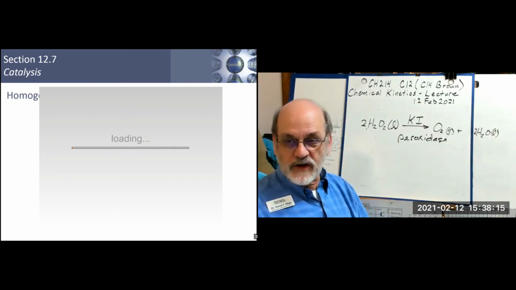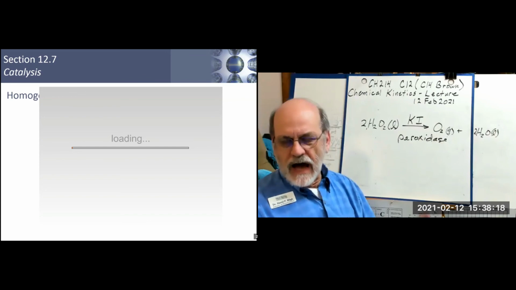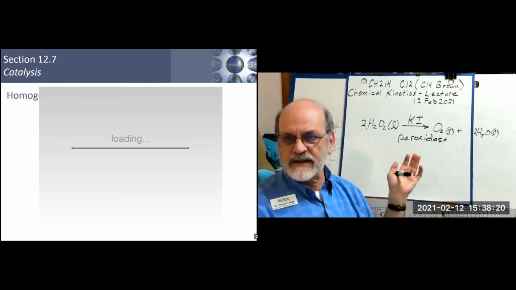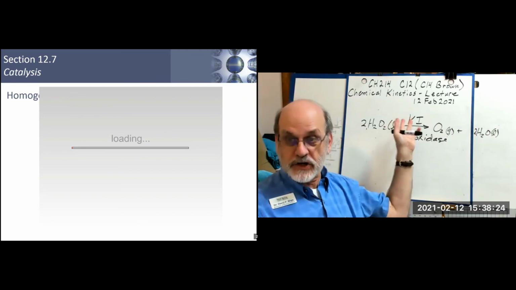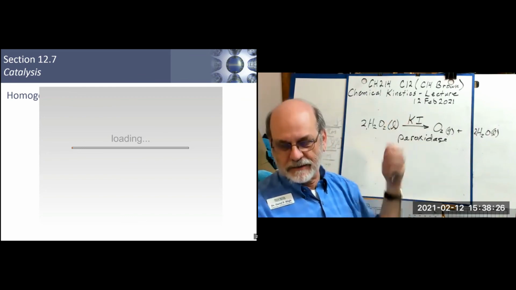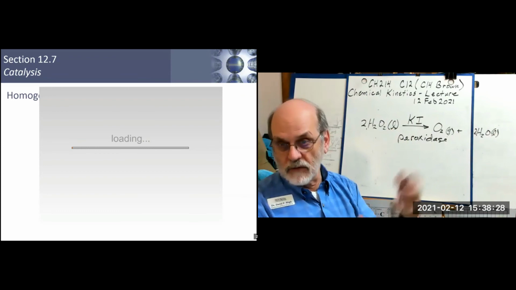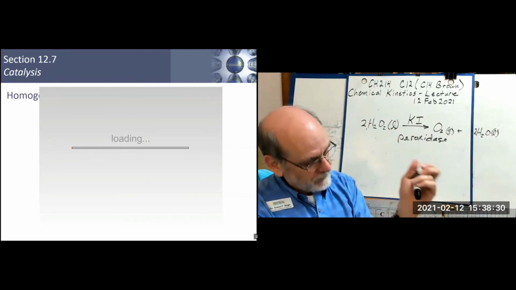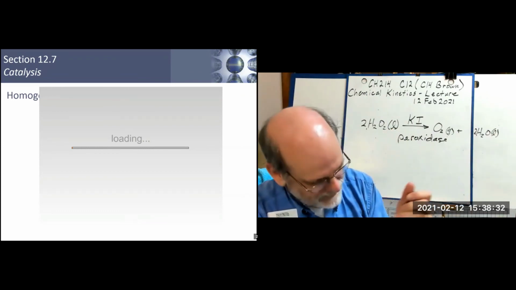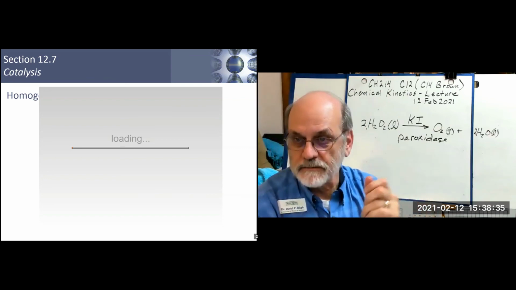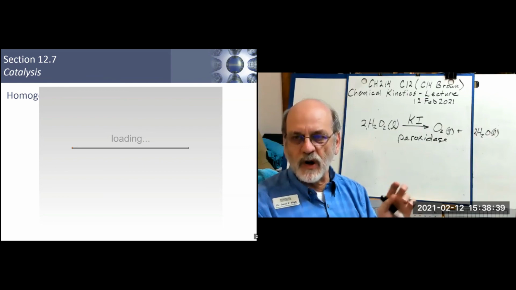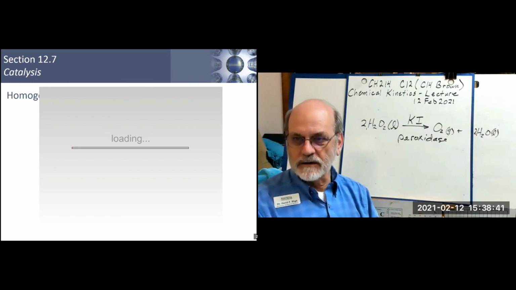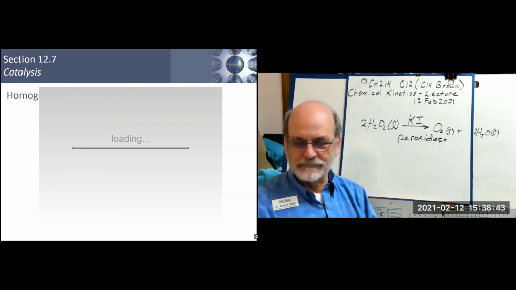It's best if you use a higher concentration. Hydrogen peroxide in your medicine cabinet is 3%. This works better for show if it's 30%, which you can get over the internet. They'll send it to you. And actually, one of my former students was having a gender reveal party for a soon-to-be-born child.